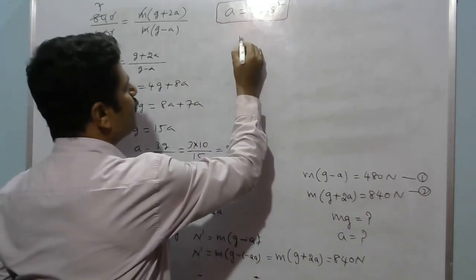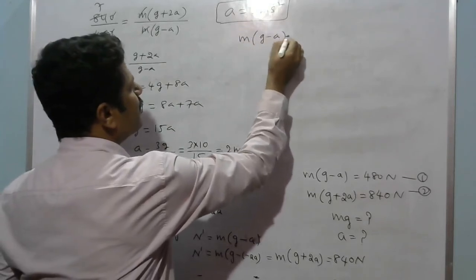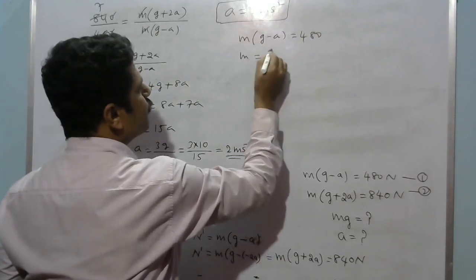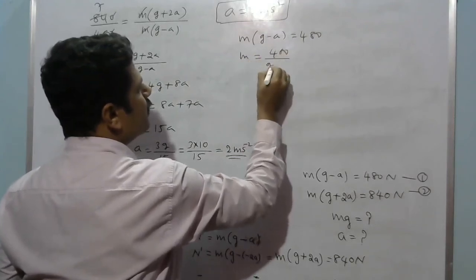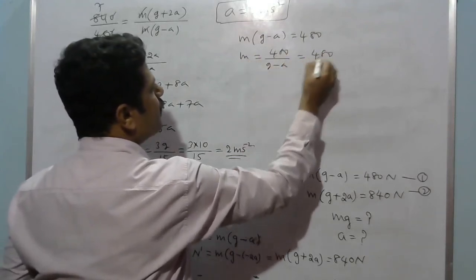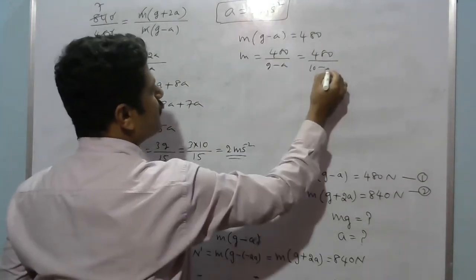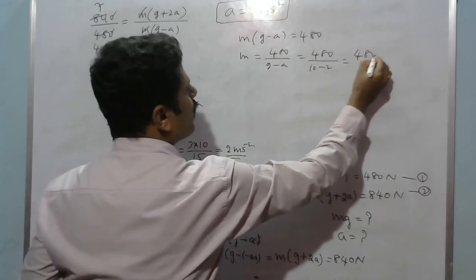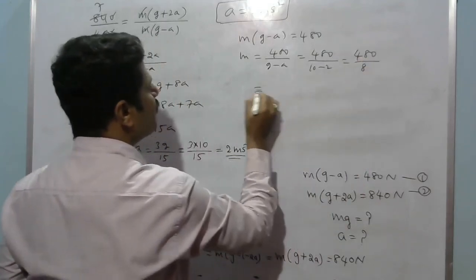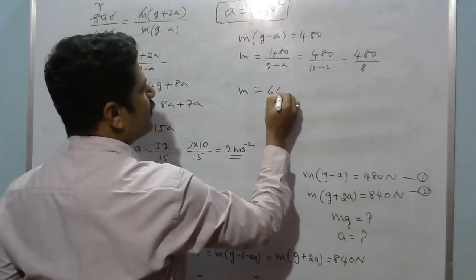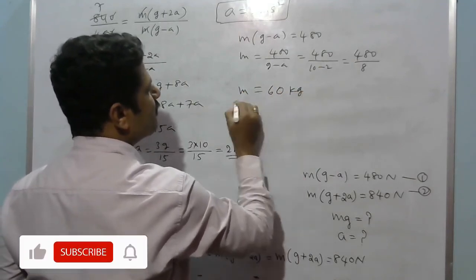So m of g minus a, just now we have seen that is 480, and m equals 480 divided by g minus a. So that is 480, g is 10, acceleration we just got is 2, that is 480 divided by 8. 480 divided by 8 is 60 kg. That is, mass is 60 kg.